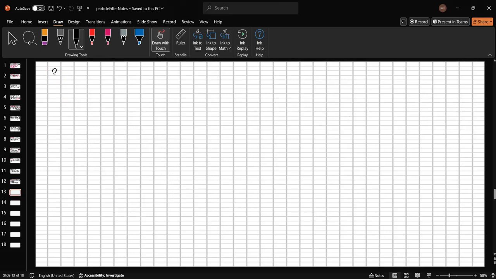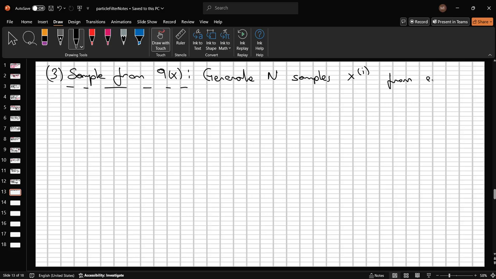Okay, this is the objective, and so we need to take a sample from q(x), right? And so generate n samples x_i from the exponential distribution, which is e to the minus x.